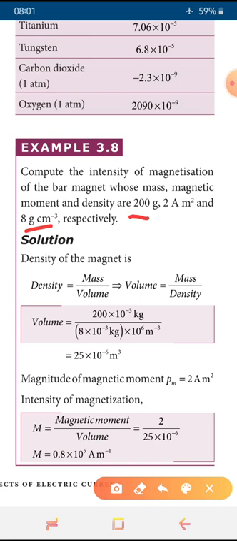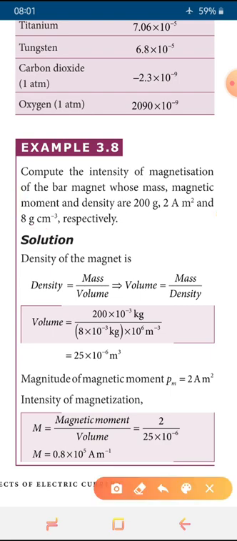Here it is per centimeter cube. Per centimeter means 10 power plus 2, so per centimeter cube will become 10 power 6.